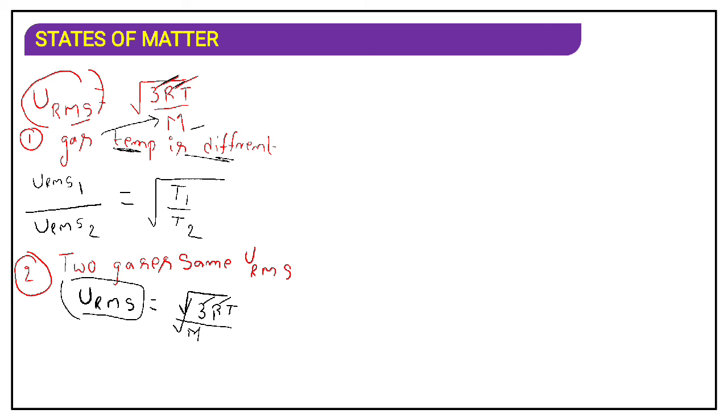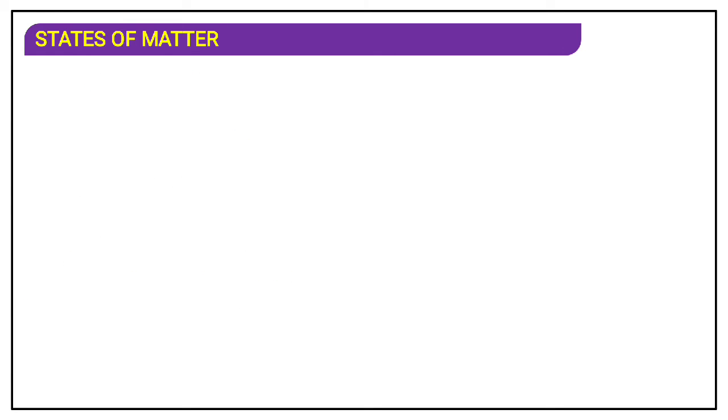When temperature is different and mass is different, then we get the expression: square root of T1 divided by M1 equals square root of T2 divided by M2.